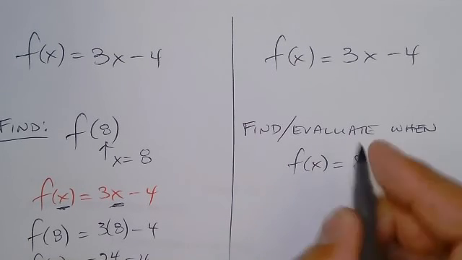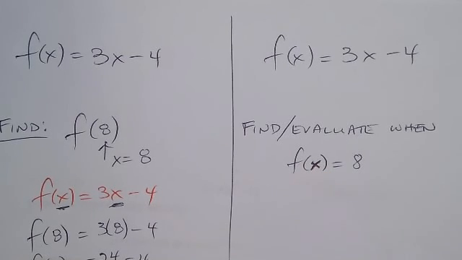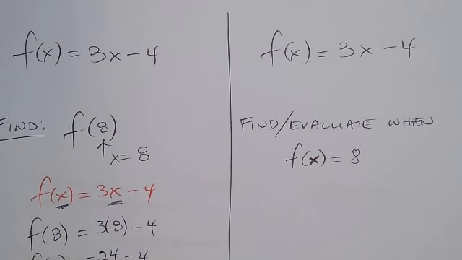Now here's where you've got to know the difference. Don't mix these up. Is this one saying that x is 8? No. If that were true, the 8 should have been in here where the x is. Can somebody tell me what that one is saying? Nobody knows how to do this one?